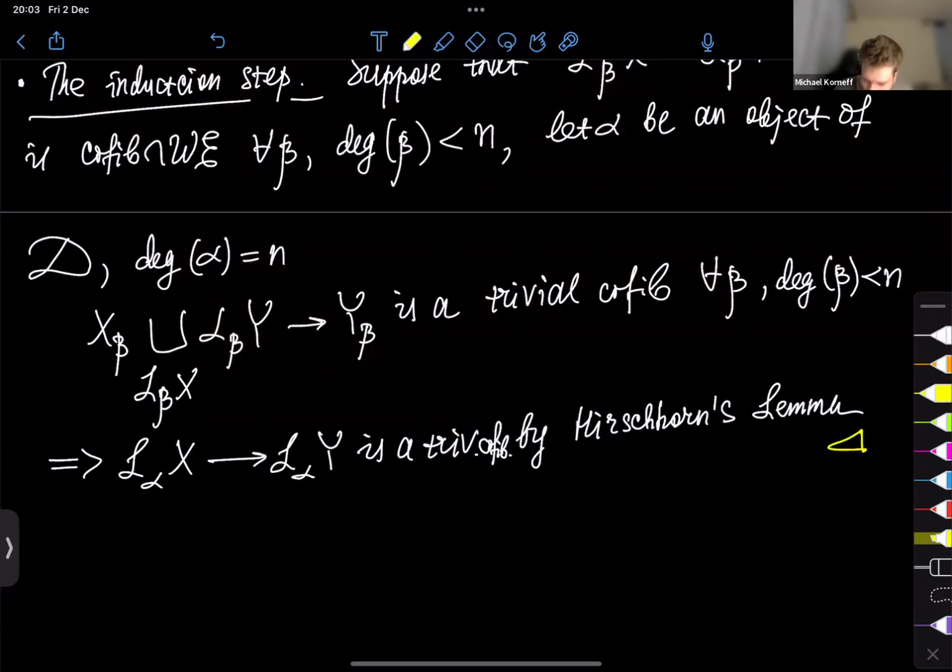Okay. And these lemmas and the propositions can be glued together into the following theorem.